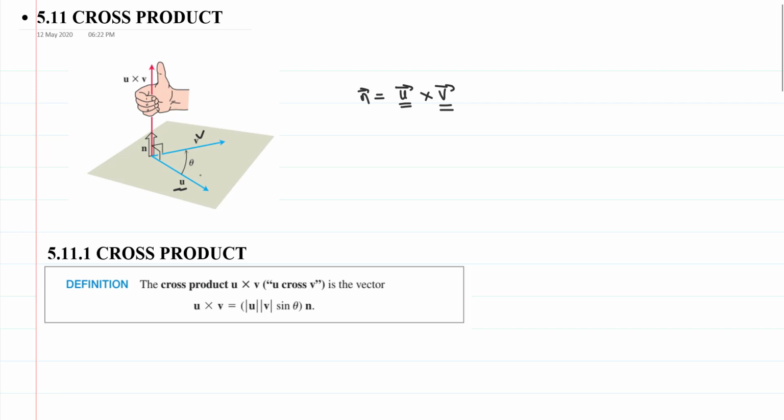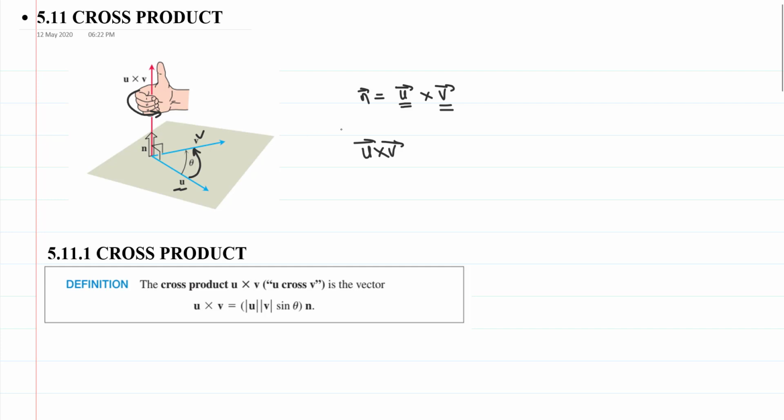When we say u cross v, this is how we take it, especially when we're looking at the folded fingers. As you can see here, the fingers are moving in the direction from u to v. In that direction, they're moving from u to v.